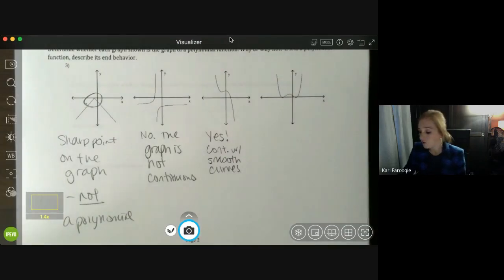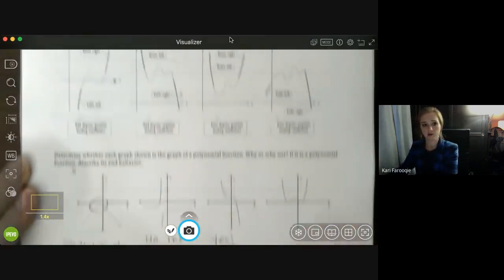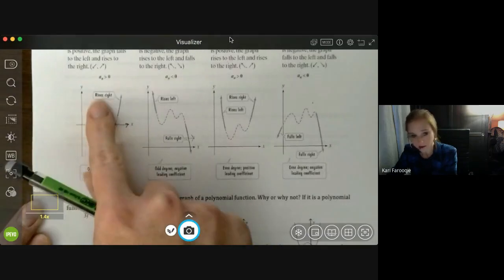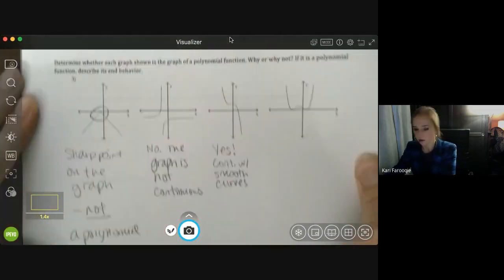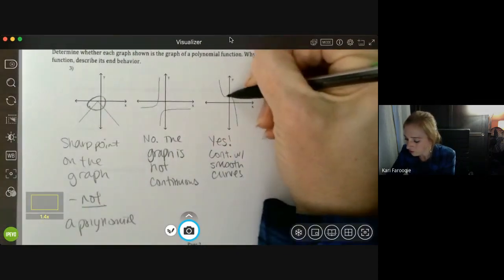Now, if it's a polynomial, we have to talk about its end behavior. The way that we're going to describe the end behavior will be the same way that it was given to us in this diagram. We're just going to use the words, for instance, rises and falls, depending on what's happening on each side. So for this one, you're looking at what happens as the x values go to the left.